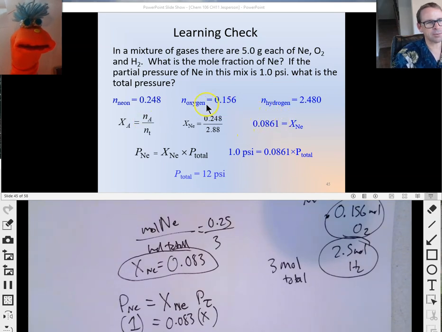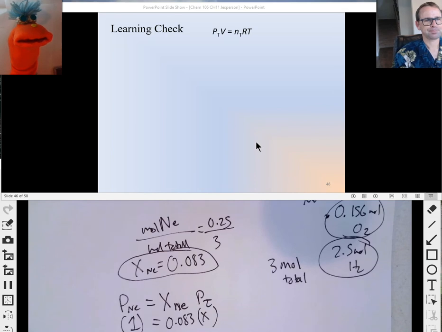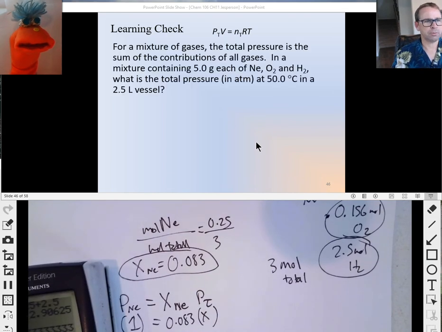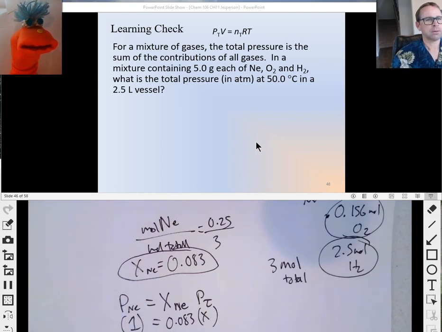Oh, they got a slightly different value because for hydrogen, we use 2.5, they probably use 2.48. So it's just a slightly different value, but we still end up with, using only 2 significant figures, the same value. All right, good. So, for a mixture of gases, the total pressure is the sum of the contribution of all the gases, giving us a little reminder there.